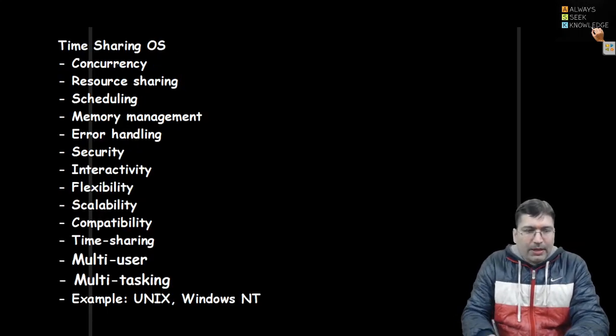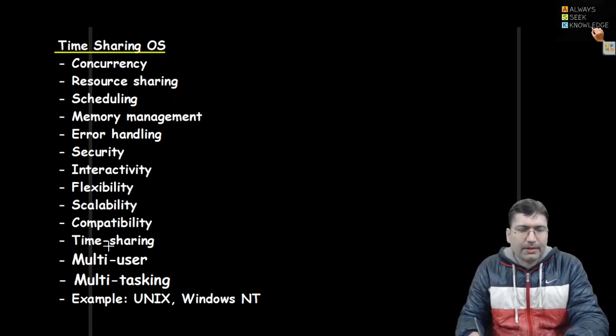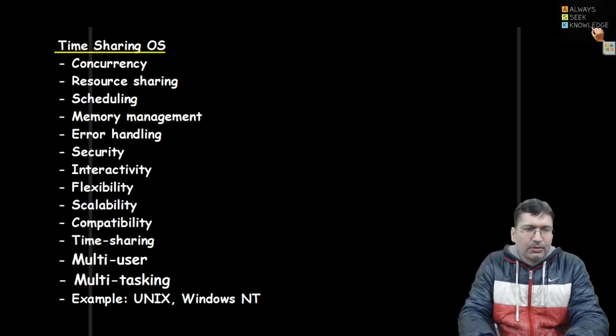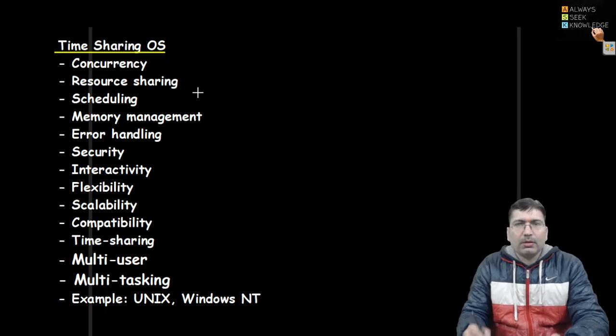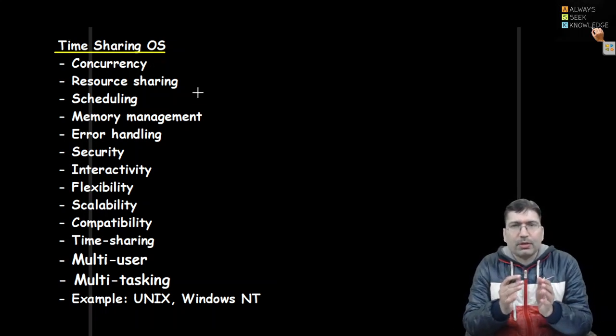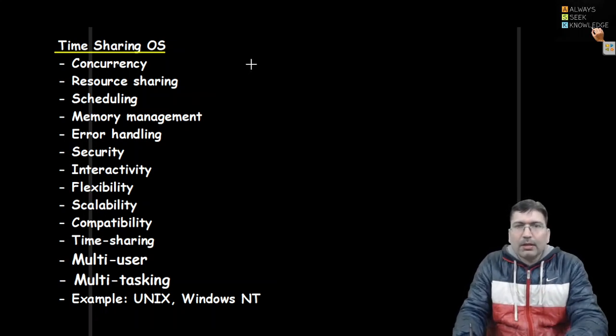Now let's talk about the time sharing operating system. The time sharing operating system is also known as the multitasking operating system. There are certain properties I have written for the multiprogramming operating system. In multiprogramming operating system, the system was not allowed to schedule processes as and when required.